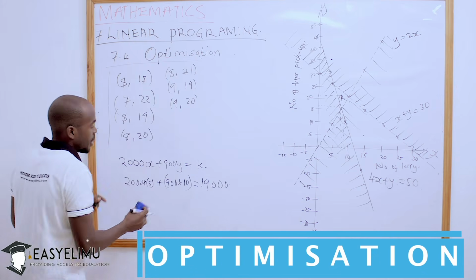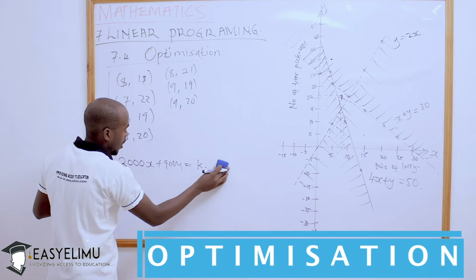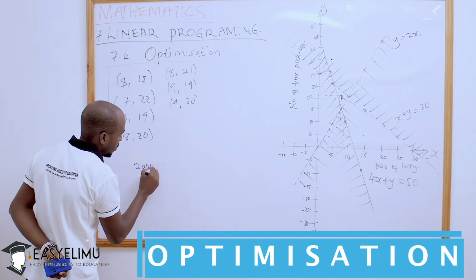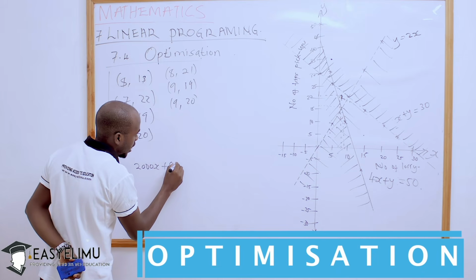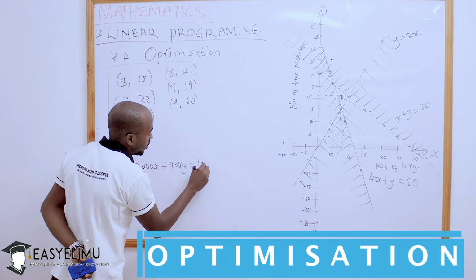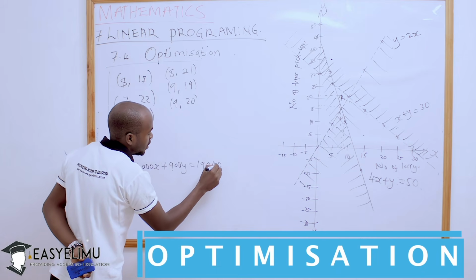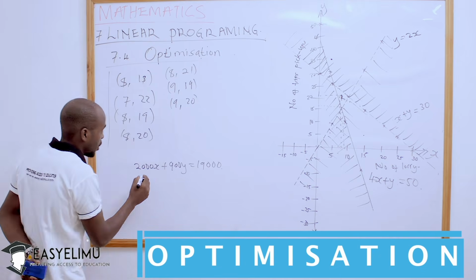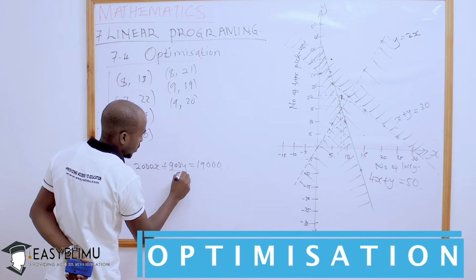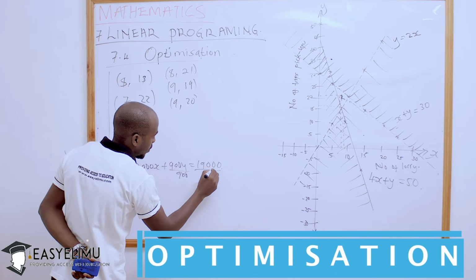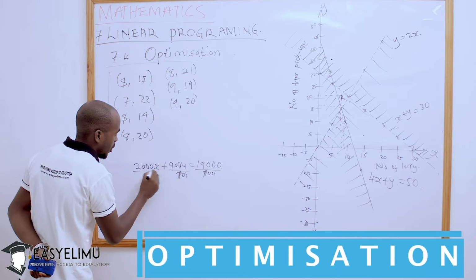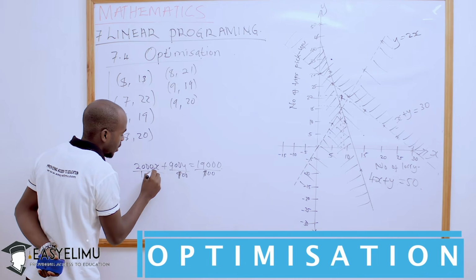And if you get that, then let's use that as our function. So we shall say 2000x plus 900y is equal to 19,000. Having that, we can form our function by dividing by 100 to make it simpler.